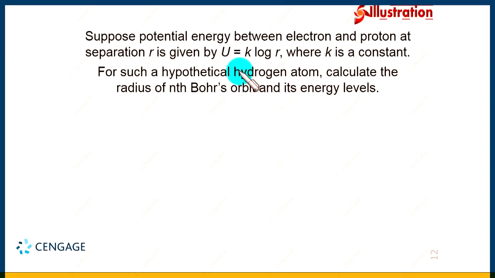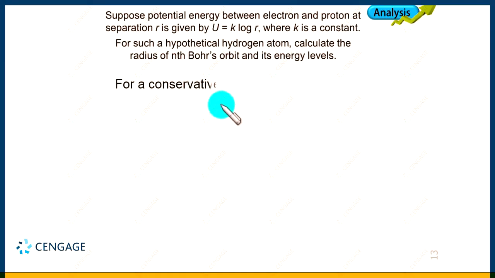We need to calculate the force for this type of potential energy. This can be calculated by differentiating this relation with respect to r with the negative sign. We know the force in any conservative field is given by minus dU by dr. So, let us calculate the force F equal to minus dU by dr, and U equal to k log r, and differentiation of this natural log r equals 1 upon r.